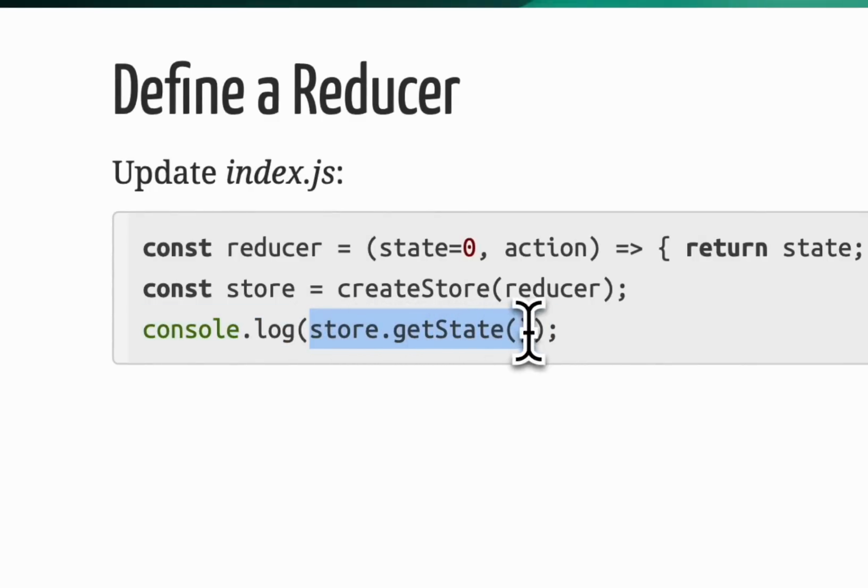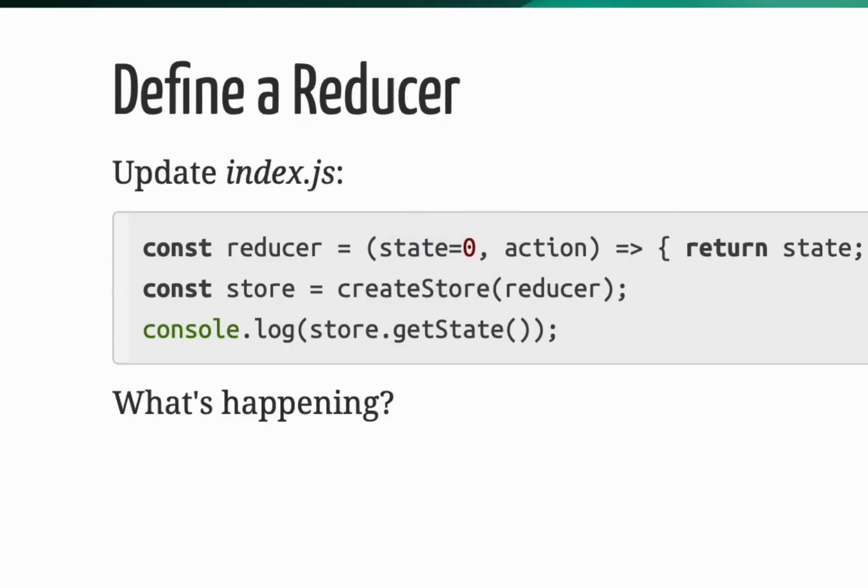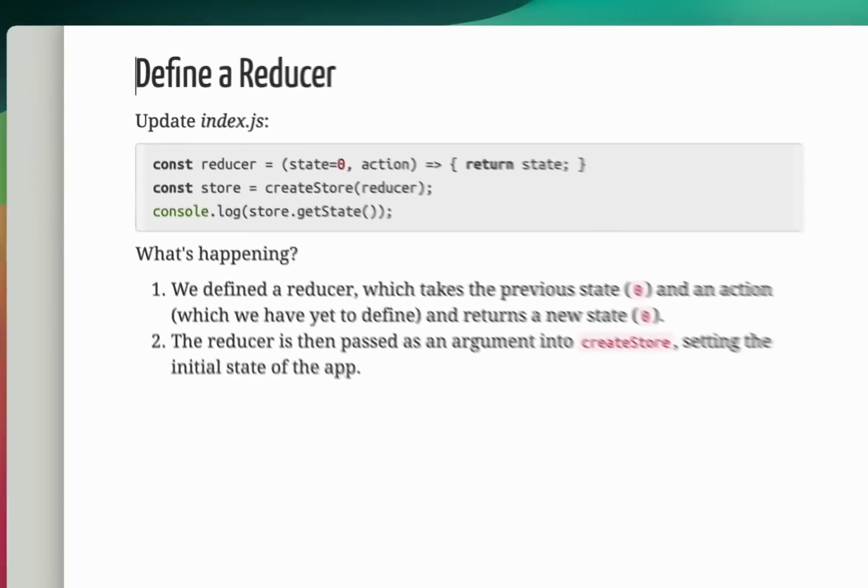The getState function is a function on the store object which allows you to access the current state stored inside the store, right? So when you log this to the console, this will log the number 0 because the state is only a number 0, right?